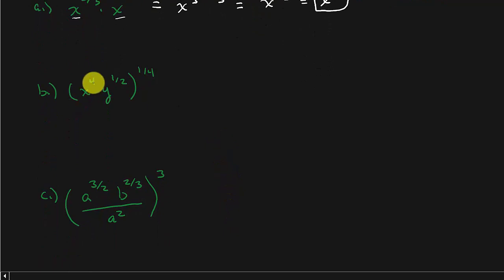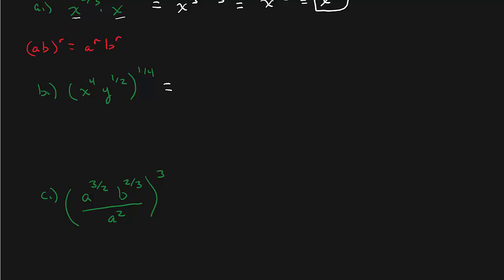All right, now let's look at the next one. So we've got x to the 4th times y to the 1/2, all of that raised to the 1/4. This property, that's ab to the r equals a to the r, b to the r.